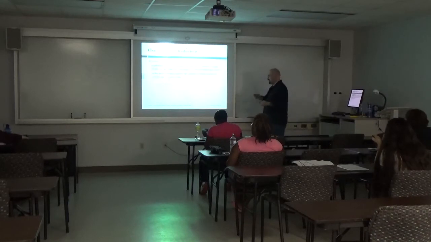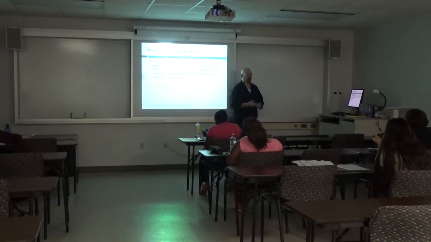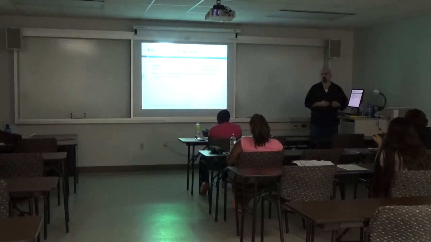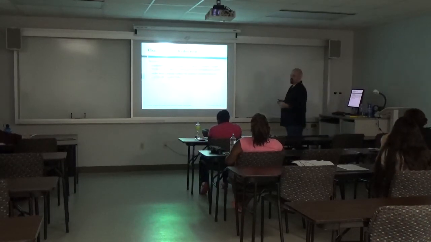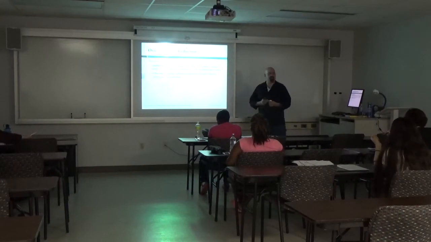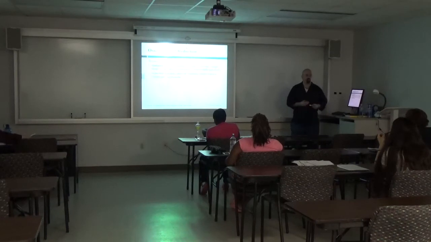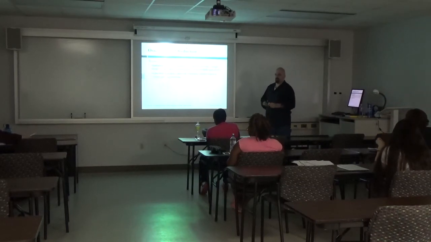So, remember oxidation and reduction when we were first introduced to it? Oxidation is loss, reduction is gain, right? Oxidation is loss of electrons, reduction is gain of electrons. Now that works when we're talking about individual ions oxidizing each other, right?